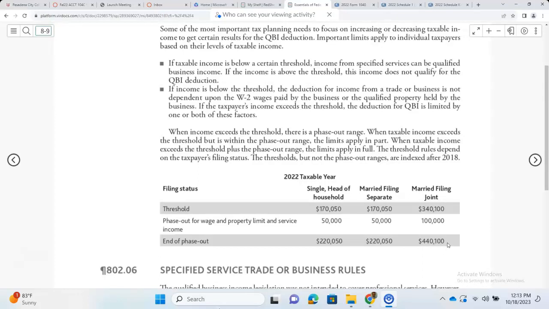Then you will totally lose any QBI income deduction whatsoever. So for single, the same threshold is 170,000. So far, so good?